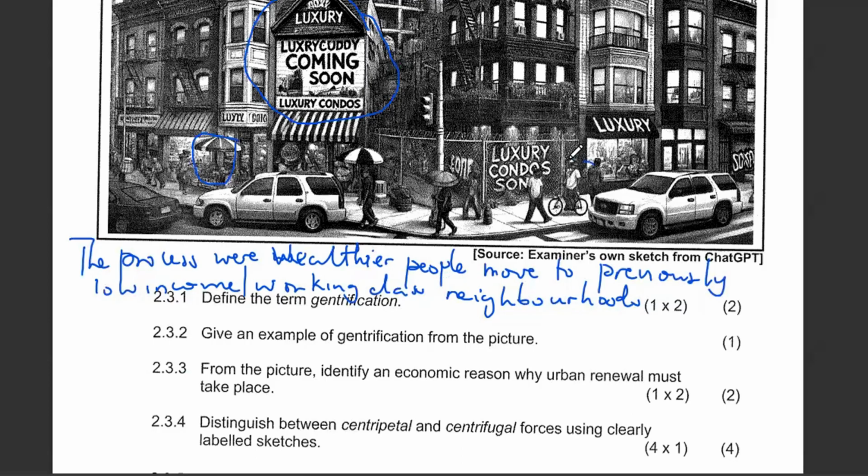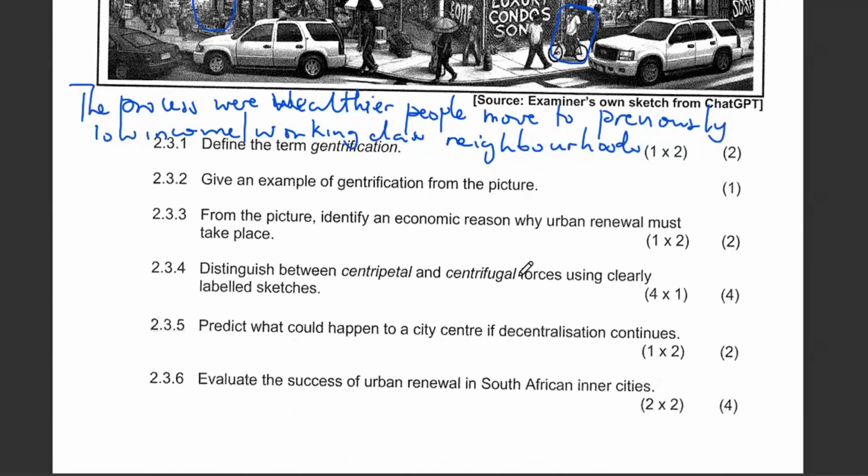And also we have people who resemble like they are just wandering around and having nothing productive to do. So an economic reason why gentrification needs to happen is so that it creates jobs for the local people, because it resembles that there are some people who have nothing productive to do there.